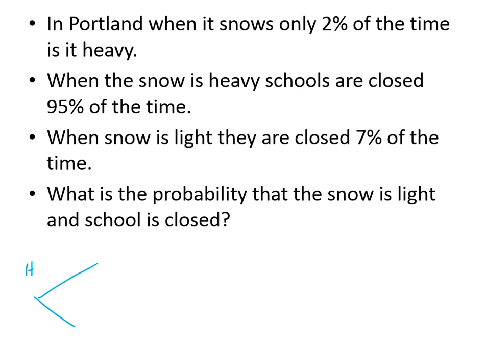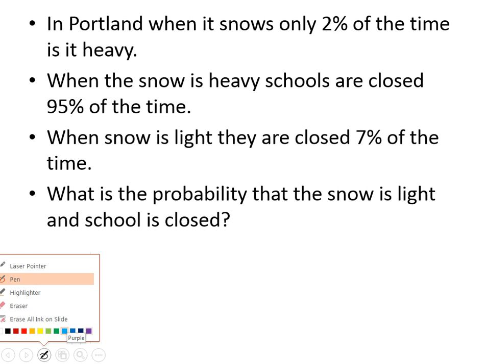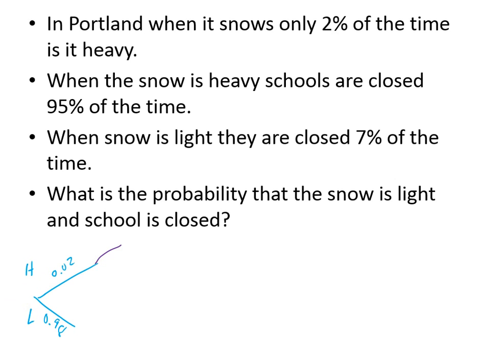So heavy, light. The probability that it's going to be heavy whenever it does snow is only 2%, so 0.02. Okay, the probability that it's light would be the leftover, which would be 0.98. Now after that, we go, okay, schools closed, open, closed.